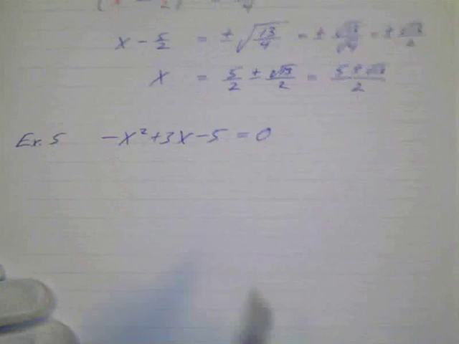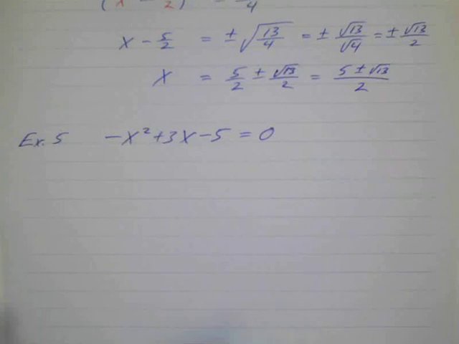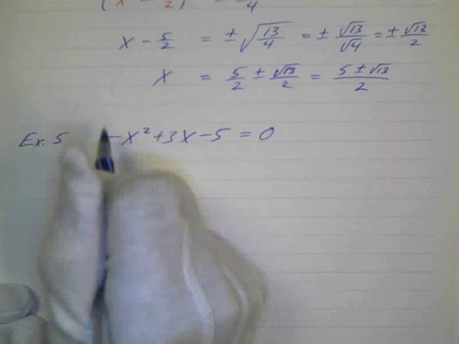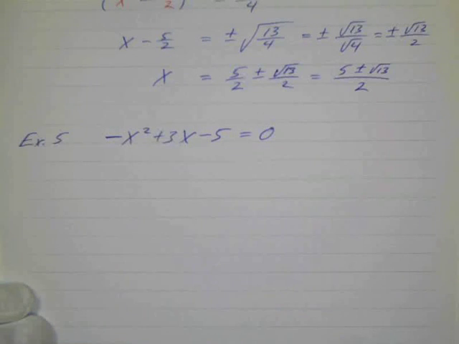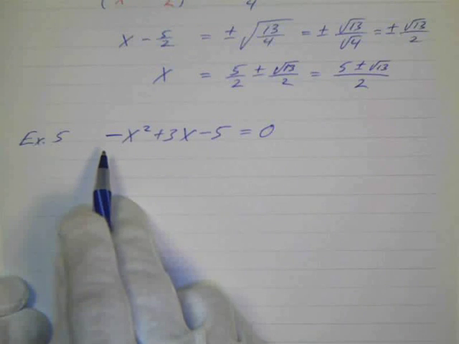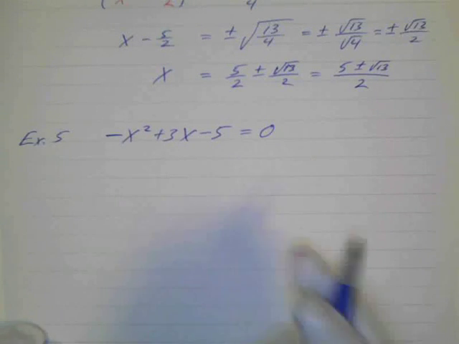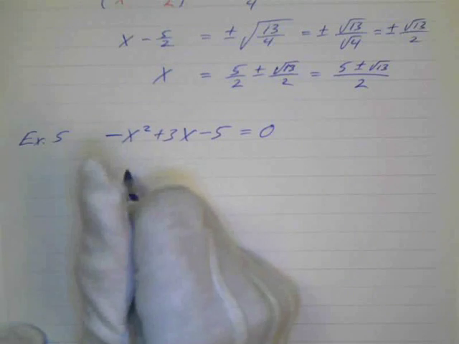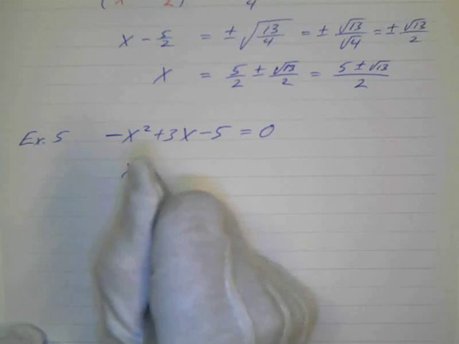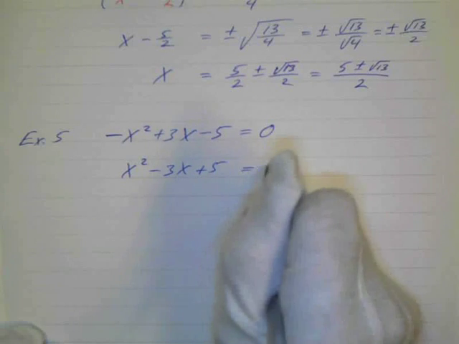Now, if we just looked at the polynomial, it's shaped like an n because this is a negative. But since we have an equation now, we can multiply every term by minus 1 or divide both sides by negative 1, doesn't matter. So we change all the signs, so this is going to become x squared minus 3x plus 5, and that's going to equal 0.